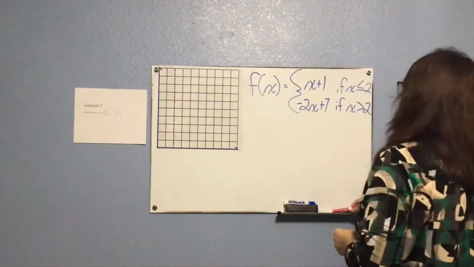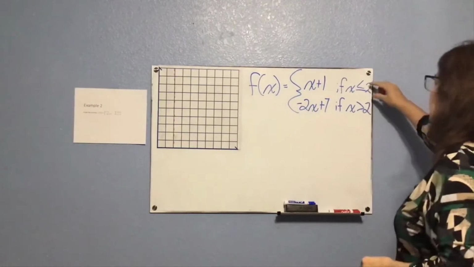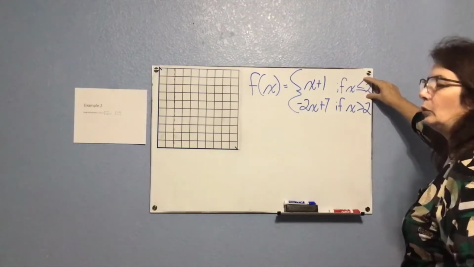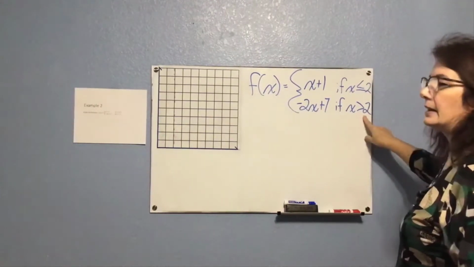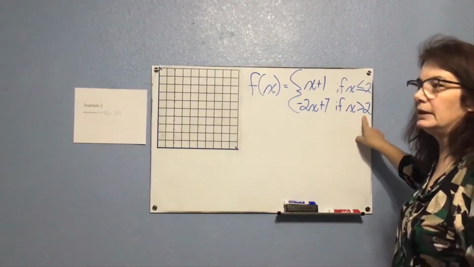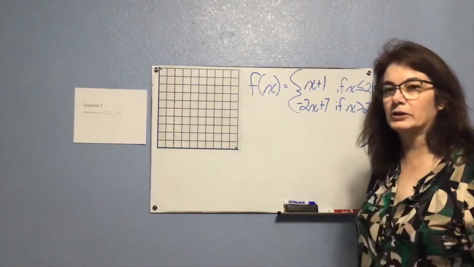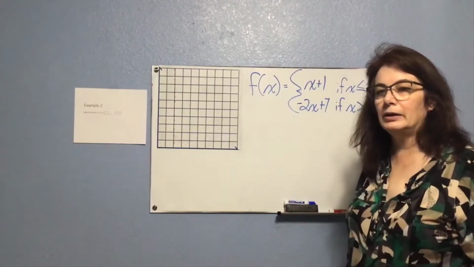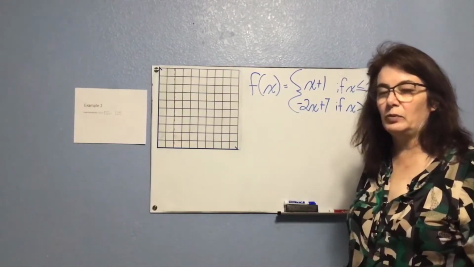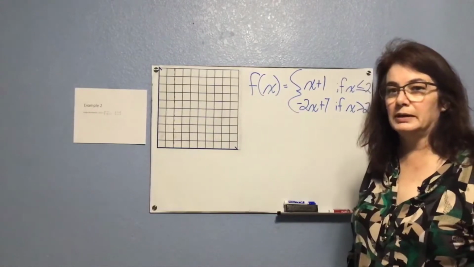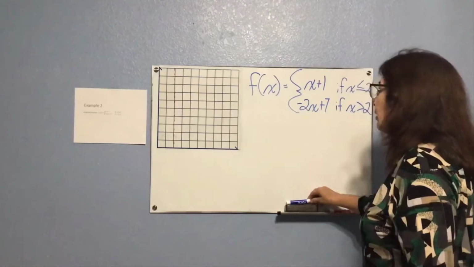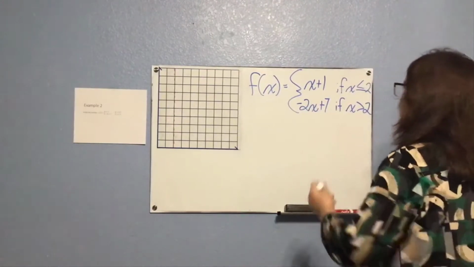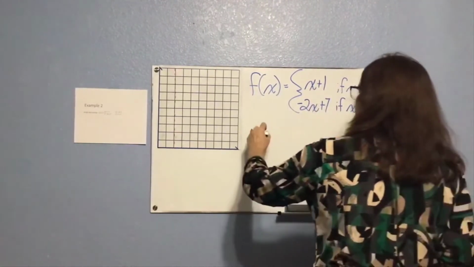Okay, I want you to notice that this rule includes 2, and this rule does not include 2. It's important in a piecewise function that no number of the domain is included in more than one part, because then we wouldn't have a function. Okay, so let's look at this first part, x plus 1.